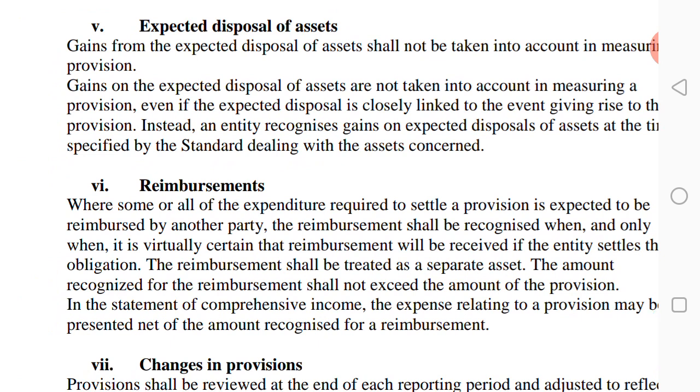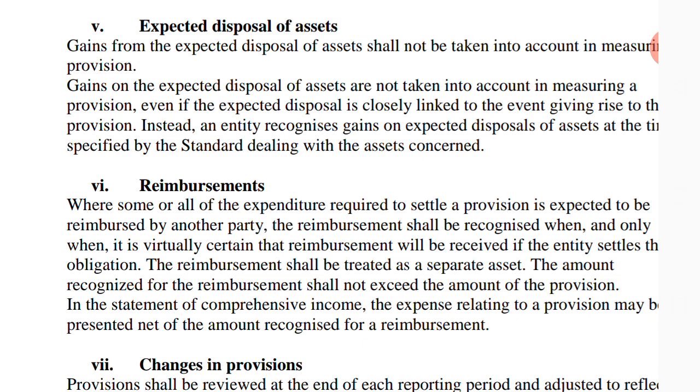Now, expected disposal of assets. Gain from the expected disposal of assets shall not be taken into account in measuring provisions. So when there is a gain from disposal of assets, it should not form part of the provisions. Gain on the expected disposal of assets is not taken into account in measuring a provision, even if the expected disposal is closely linked to the event giving rise to the provision.